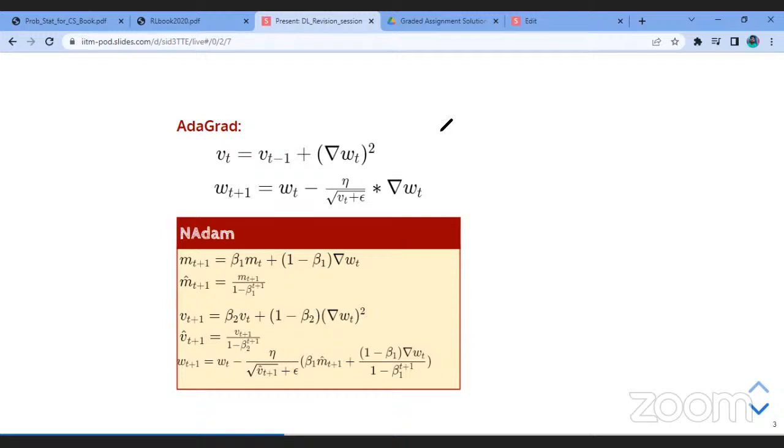Because see, Adam is slower than AdaDelta, which we saw in that animation after that slide. Either way, you can use any adaptive gradient based algorithm. That's not a problem. The only thing we have to keep in mind is the computational load.